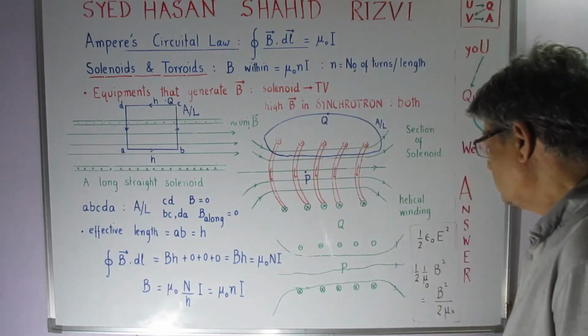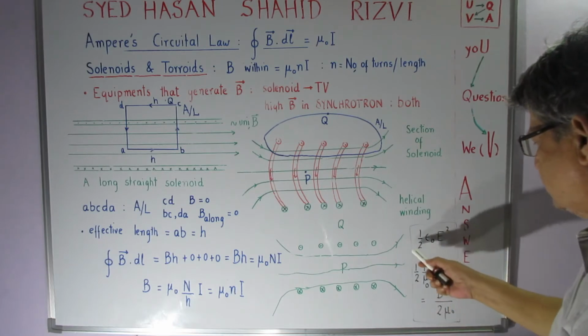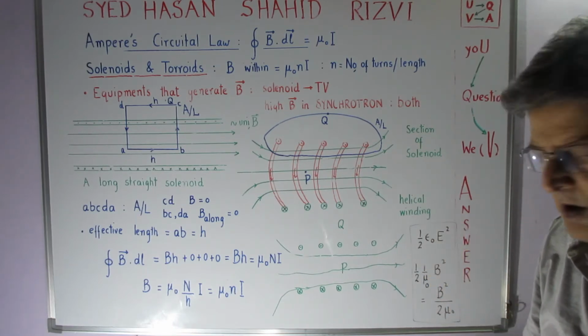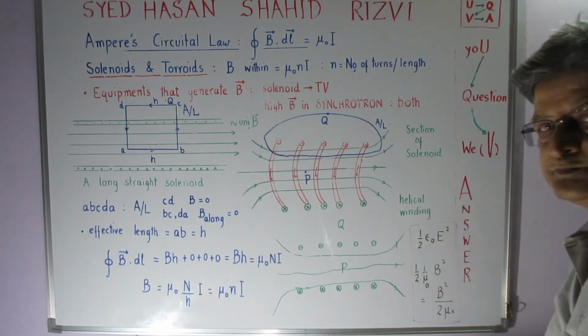Now I am just asking you to recall that we derived this expression half epsilon naught E square, which was the energy density of the electric field.